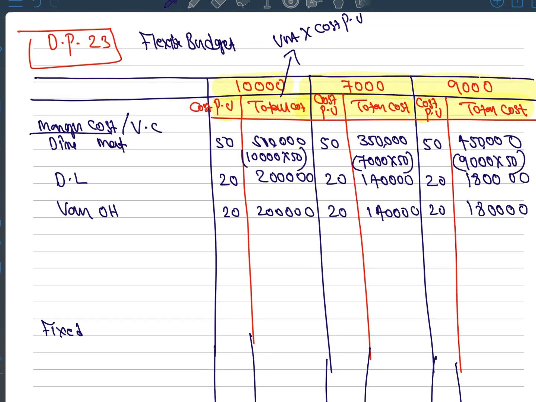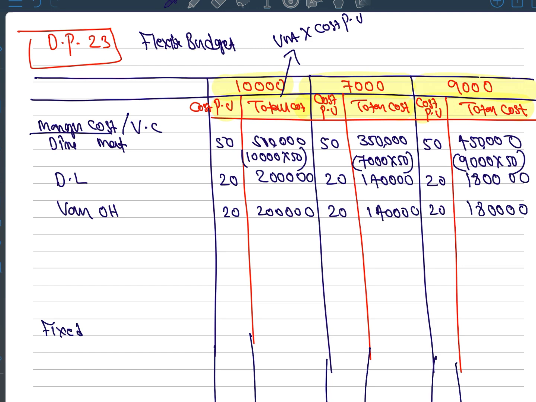Write the heading flexible budget. Flexible budget. Particulars, and make 3 columns.